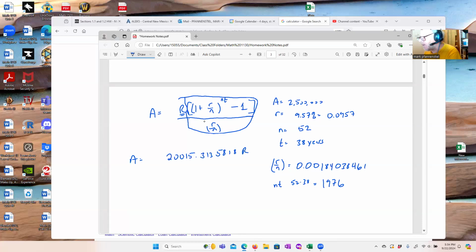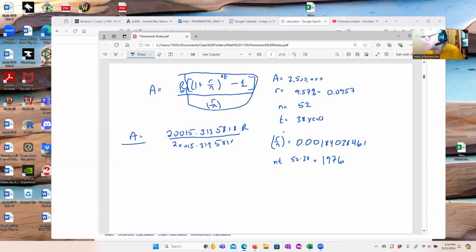We're figuring out for R. And now what we have to do is divide by this horrible number here, 20015.313 5818, both sides. What was A again? A was 2,500,000. So we're going to say 2,500,000 divided by this number, 200.